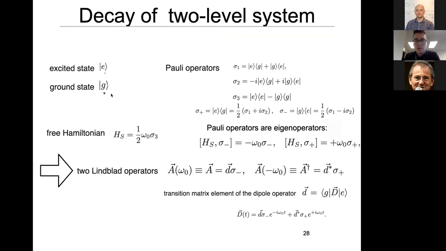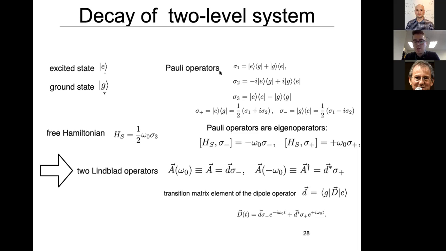In the sense that our open quantum system is defined on a Hilbert space which is only spanned by two states, which we label G and E. G represents the ground state of our two-level system, and E represents the excited state.